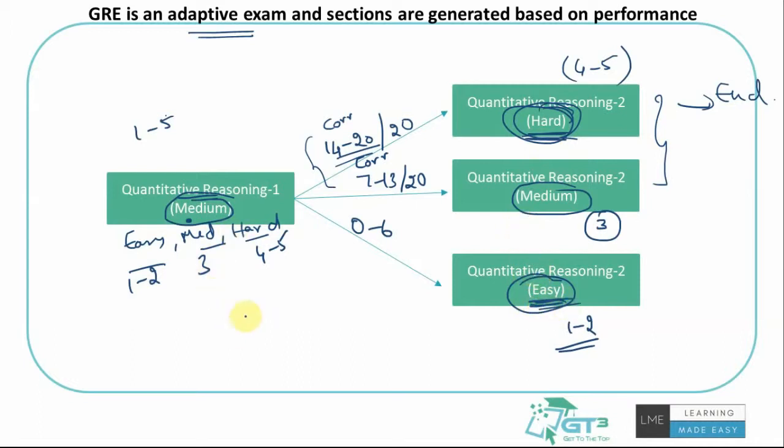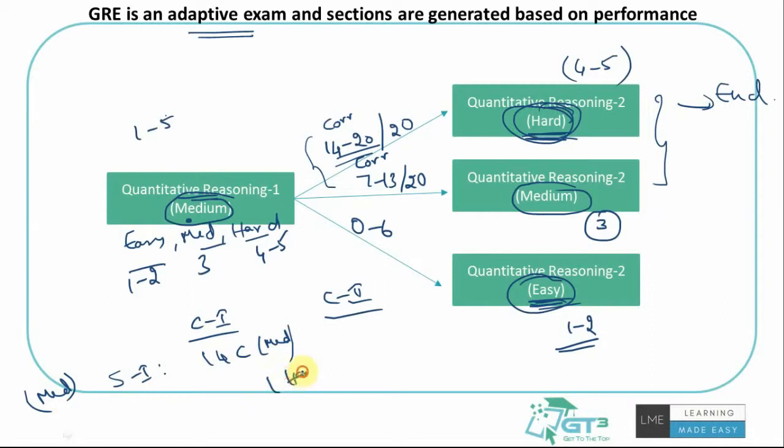I'll give an example. Let's assume there's a candidate 1 and a candidate 2. In the first section of quant, let's assume that he got 14 correct. So what will he get in the second section? He'll get a hard one, because he got 14 to 20 correct.